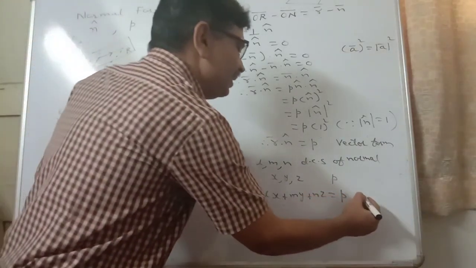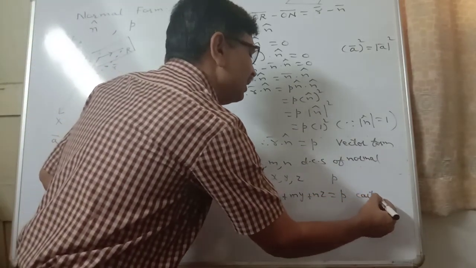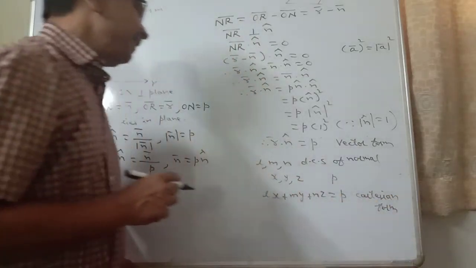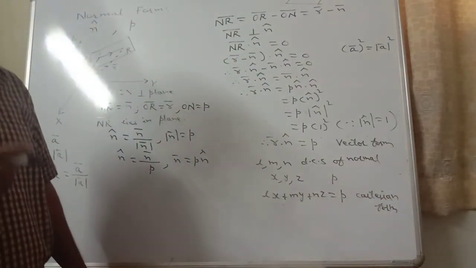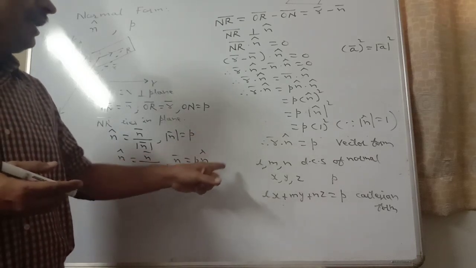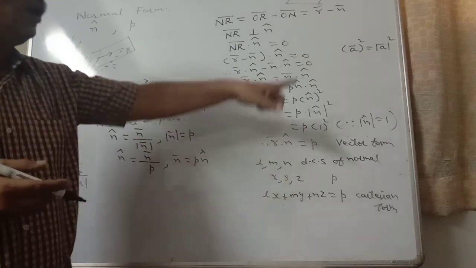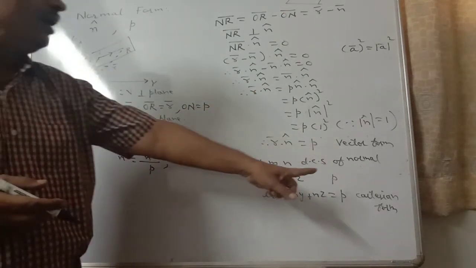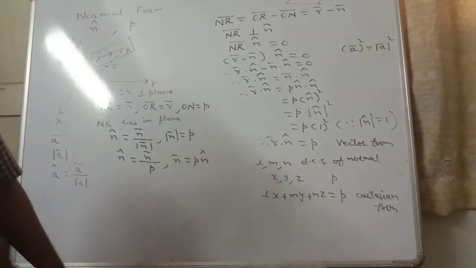This is the equation of the plane in Cartesian form. For getting the equation of a plane in Cartesian form, what we should know is the direction cosines of the normal to the plane and the perpendicular distance of the plane from the origin.